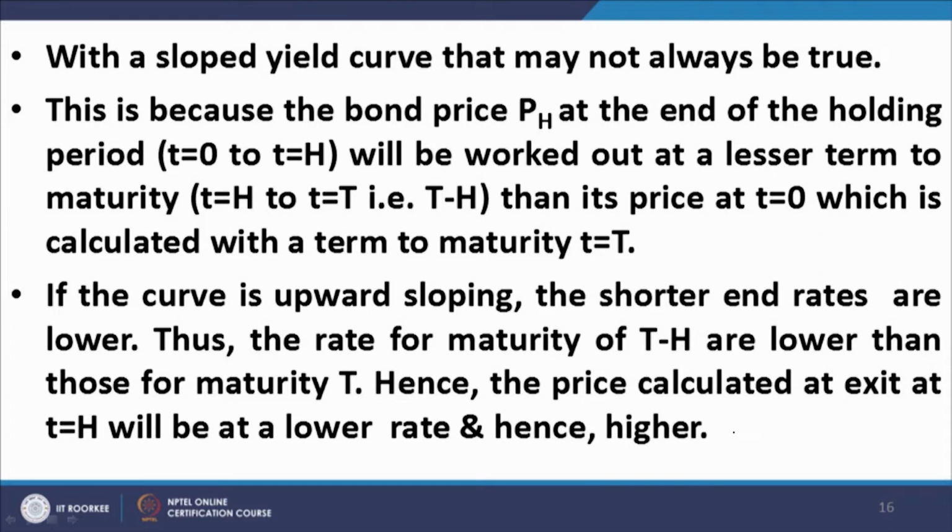This is because the bond price PH, the price at the end of the holding period, the price at the end of the investment horizon, will be worked out at a lesser term to maturity, t equal to h to t equal to capital T, that is the period is t minus h, and then its price at t equal to 0 is calculated with a term to maturity of t equal to capital T. If the curve is upward sloping, the shorter end rates are lower, thus the rates for maturity of t minus h are lower than the rates for maturity of t equal to capital T. Hence, the price calculated at exit at t equal to h will be at a lower rate and hence higher.